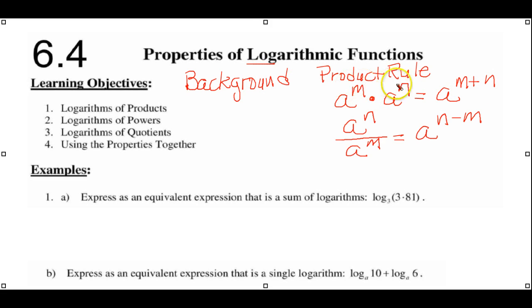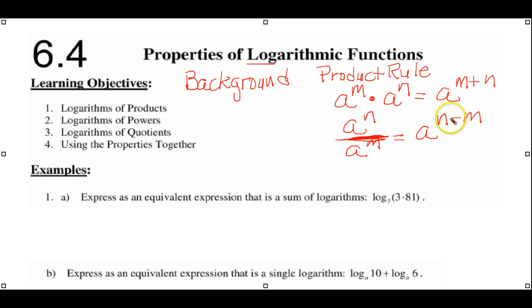And here we're dealing with our logarithms. Now, when we are dividing, as we show here, where we added in multiplication, in division, we're going to subtract.